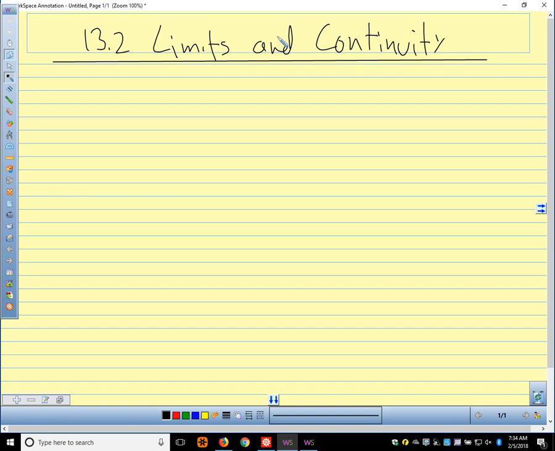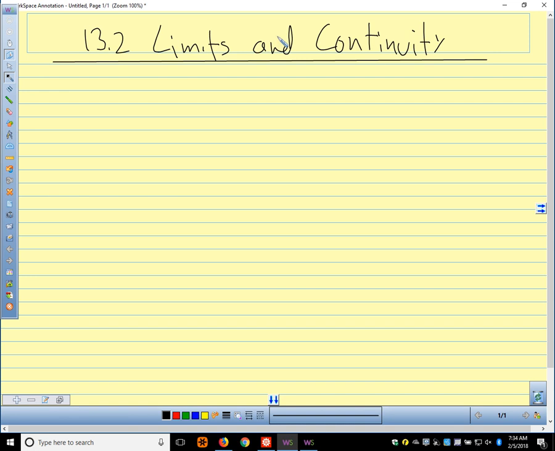Our idea of a limit for a function of two variables is very similar to the idea of a limit for a function of one variable. The general idea is, if we have a limit, we can say how close we want to get to a particular function value, and we can find an interval in the domain that guarantees us that we're within that distance of a particular number in the range.